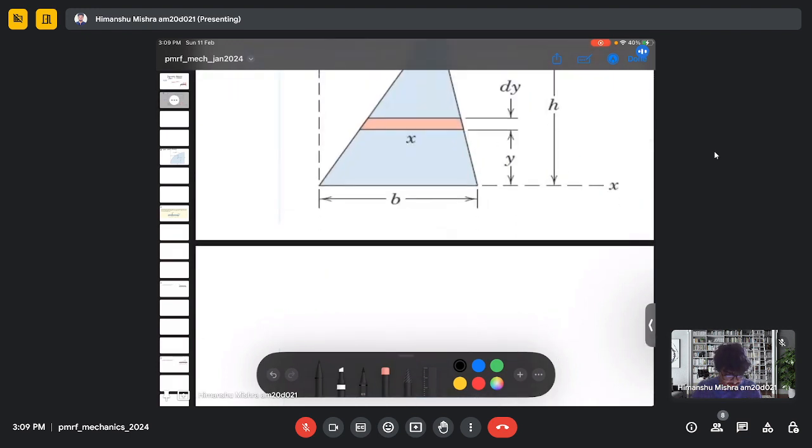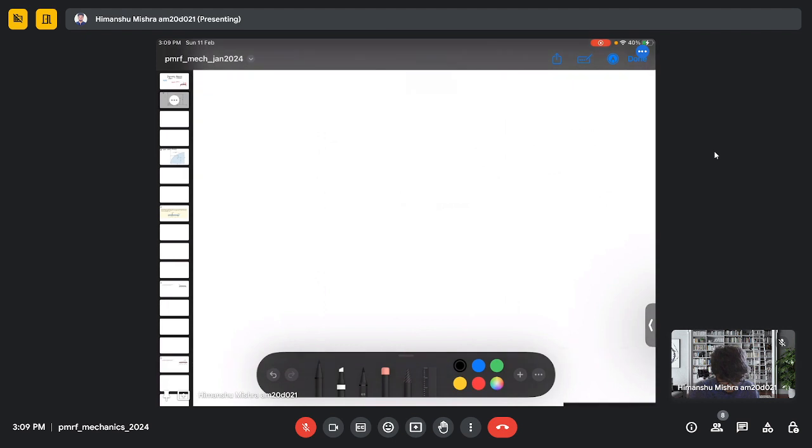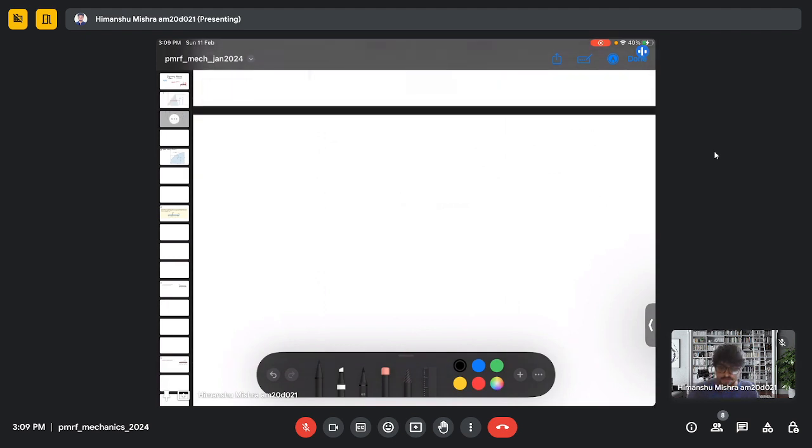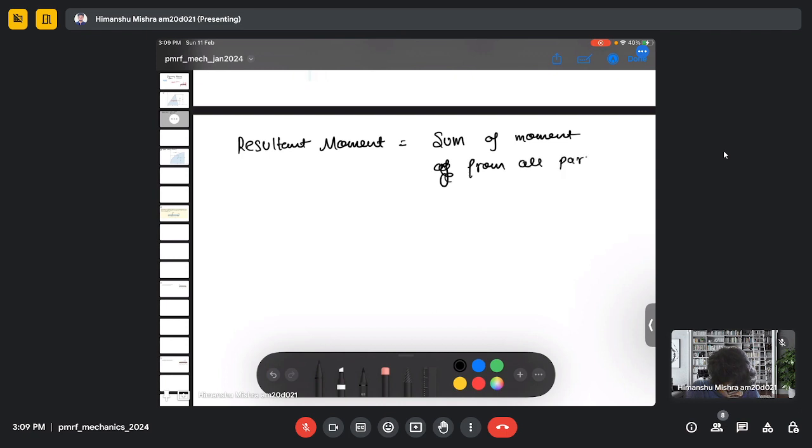So just to recap, in order to find the location of the center of gravity, we need to use the moment principle, which says that the resultant moment is equal to the sum of moments from all particles in the body.